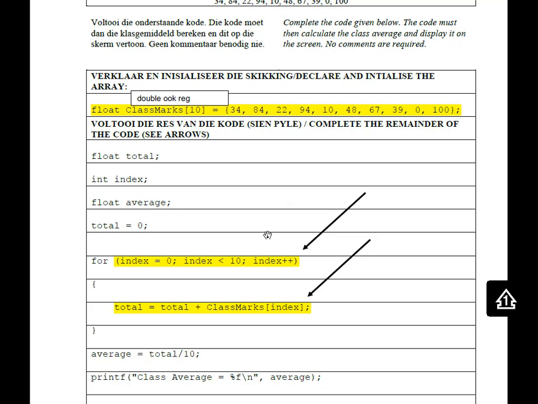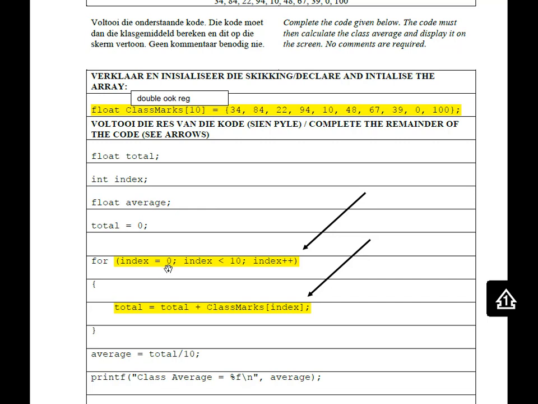We know there are 10 numbers, so from 0 to less than 10. Why not equal to 10? Because then you would access an 11th index of the array, which is not valid because you only declared it to be of size 10, and array indexing in C starts at 0.